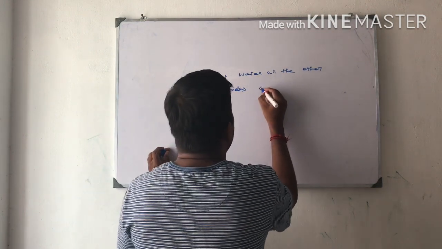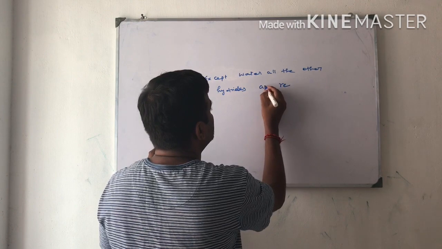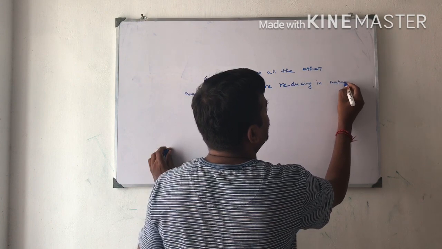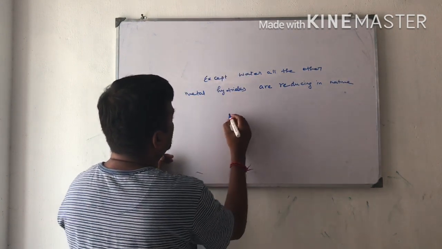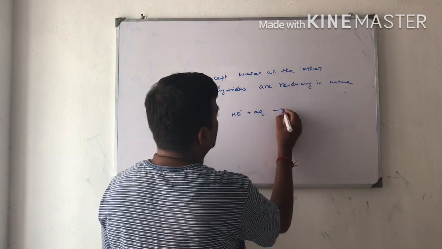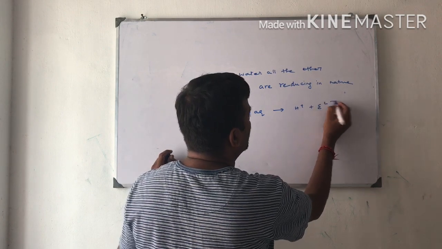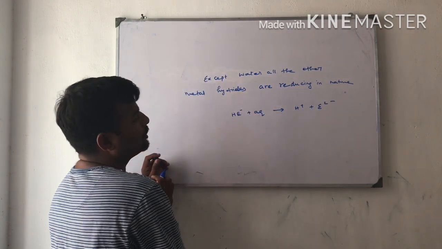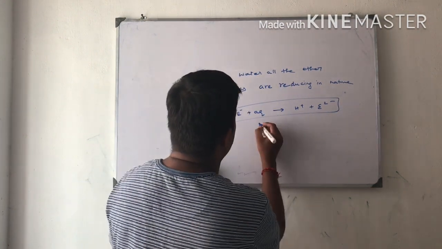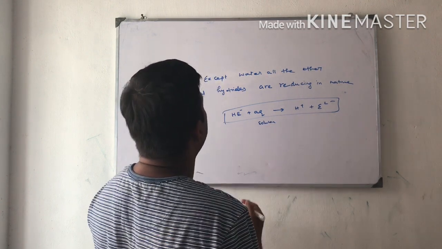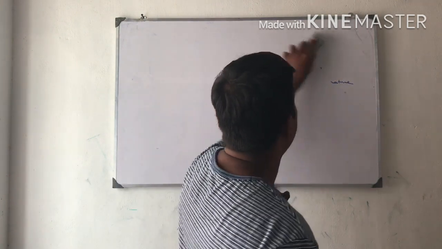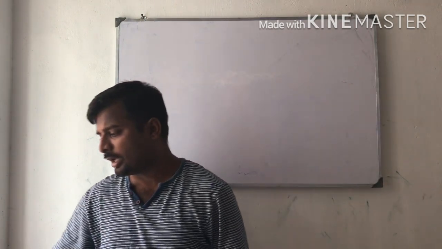For example, H minus plus aqueous water gives H plus and 2 electrons, so it gains reducing nature. So except water, all the other hydrides are highly reducing in nature. These are the hydride characters.